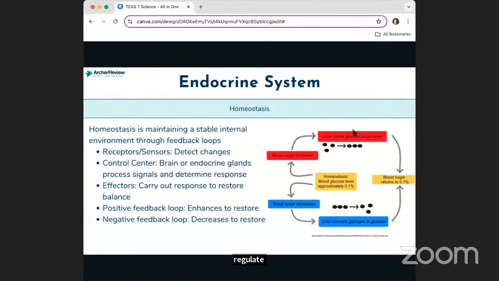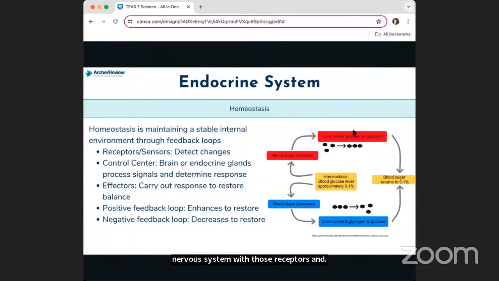The endocrine system, through all of the use of hormones, helps to maintain homeostasis. And we've talked about homeostasis before, but it's maintaining a stable internal environment through what we call feedback loops. And they use receptors or sensors to detect those changes. So think of the nervous system with those receptors and sensors.